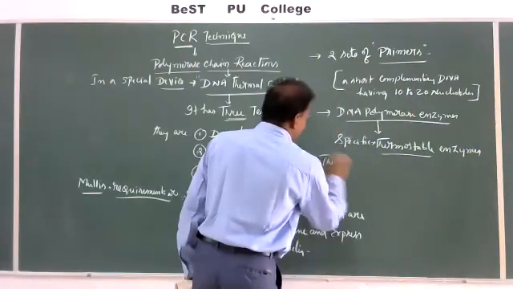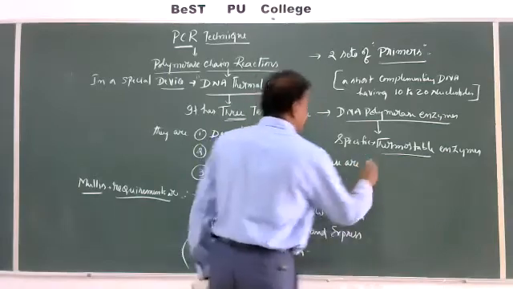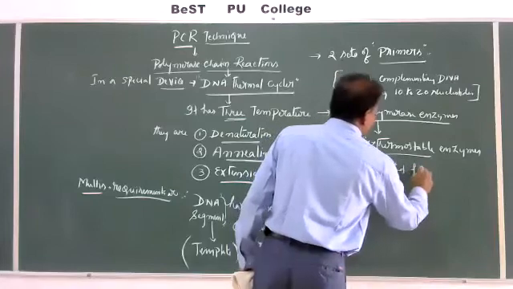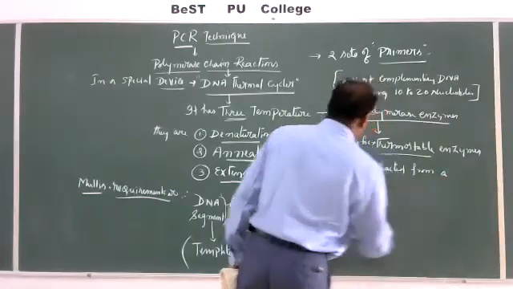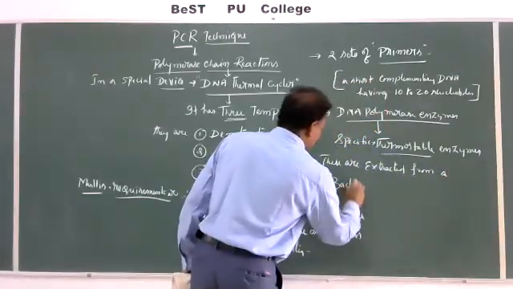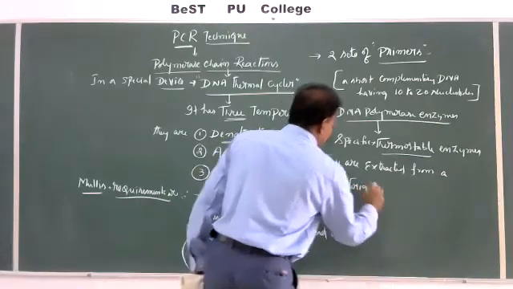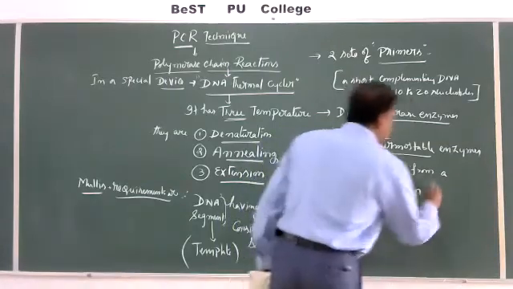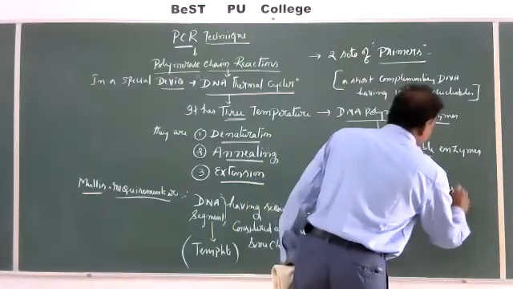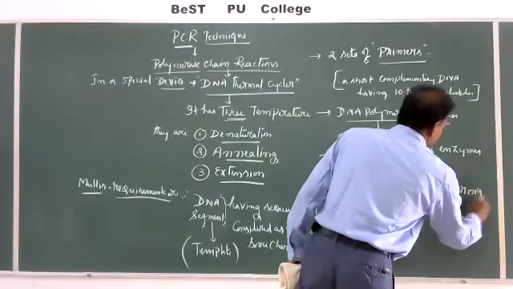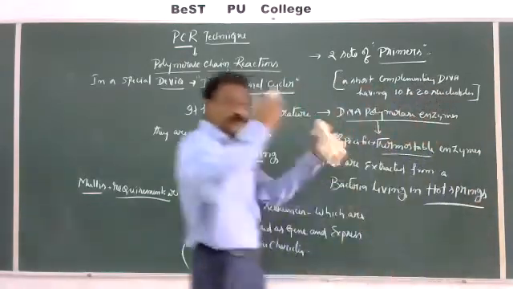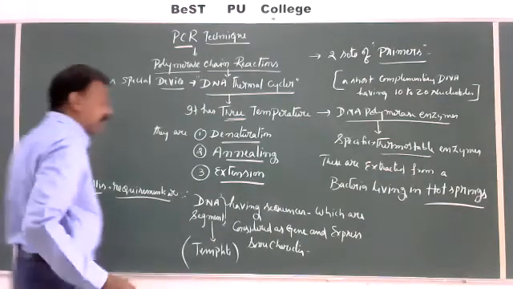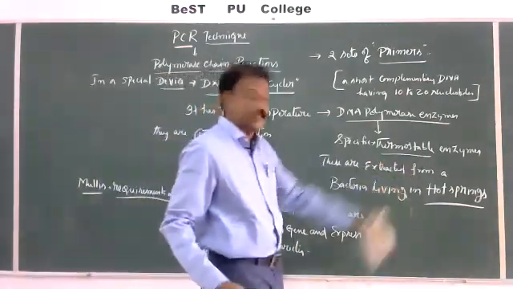These are extracted from a bacteria living in hot springs, hot water springs, and hot water springs are found in the Alps and the Yellowstone National Park of USA.